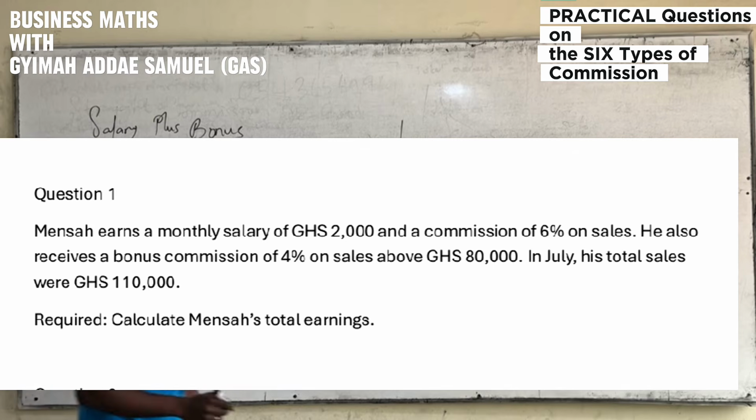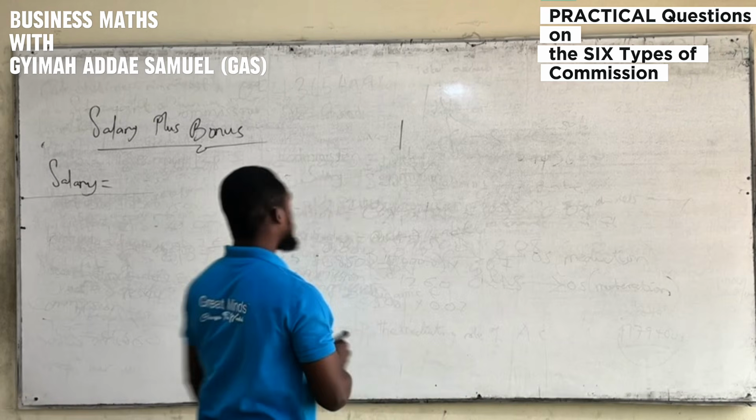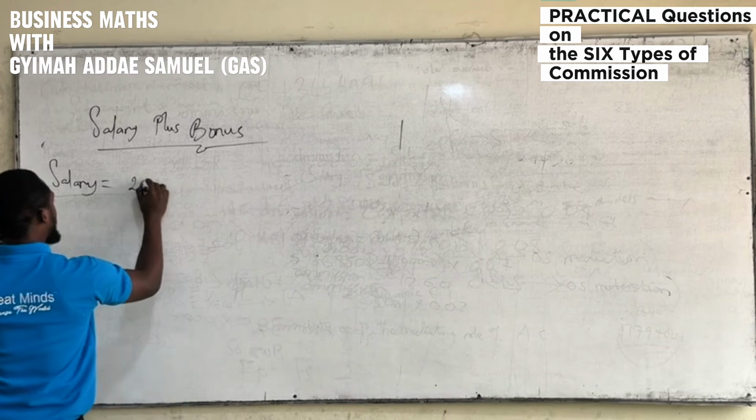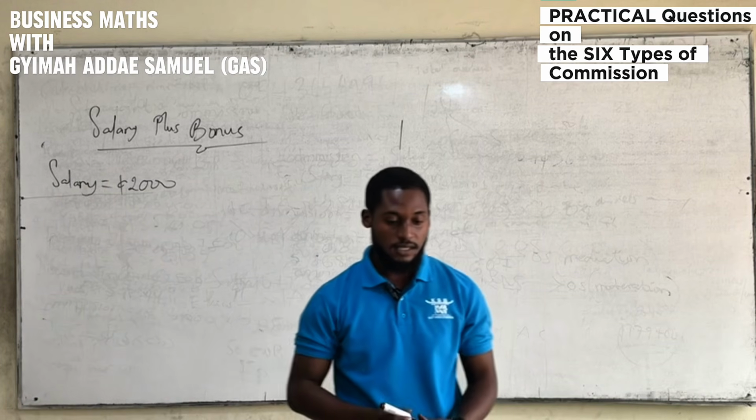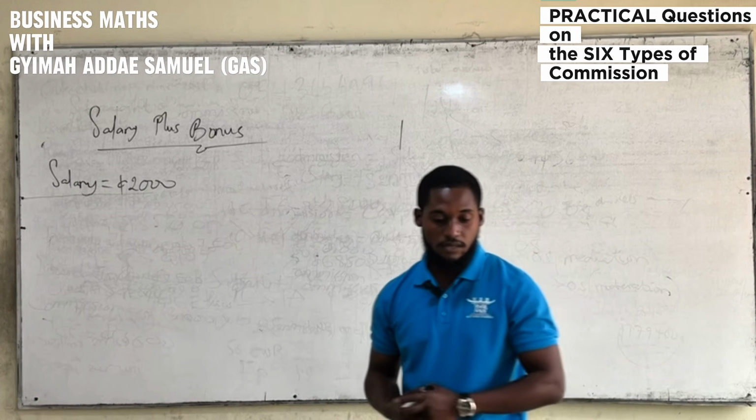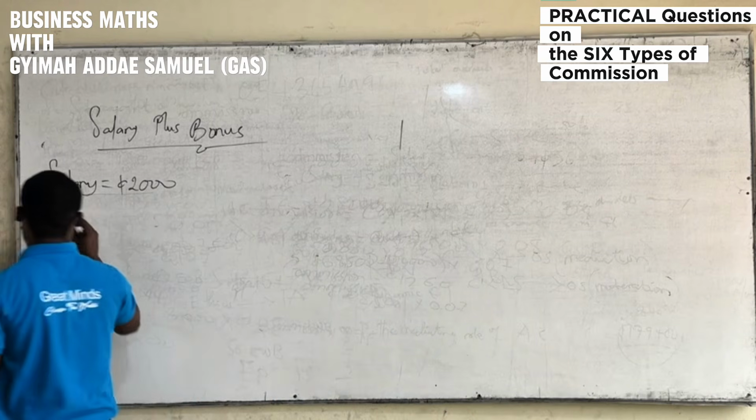The salary provided was 2,000 Ghana cedis and a commission of 6% on sales. So the rate here is 6%.